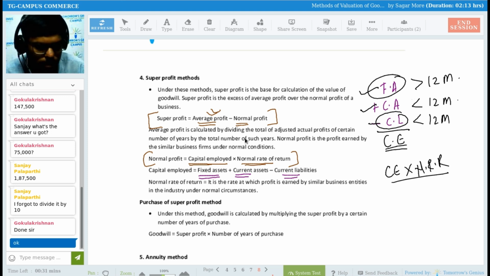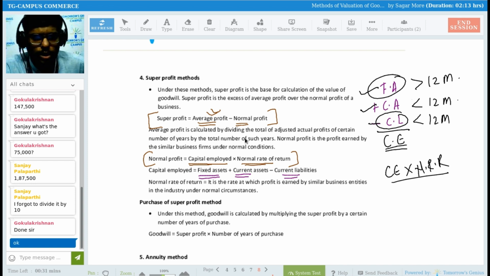Right? You can get the capital employed answer. So what is normal rate of return? Normal rate of return is always given in the question. You have to just apply it on the capital employed. Normal rate of return is nothing but how much return is normally expected by you from your business, from your investment. Getting this, Sanjay, Gokul?